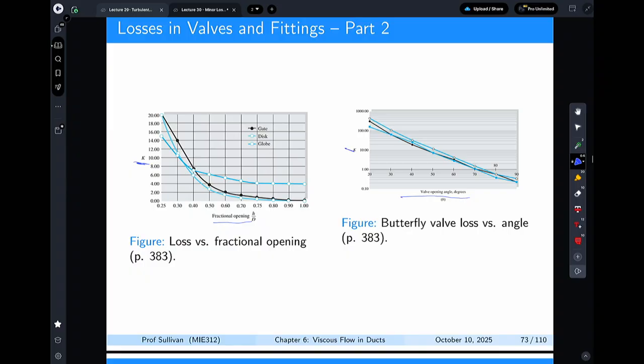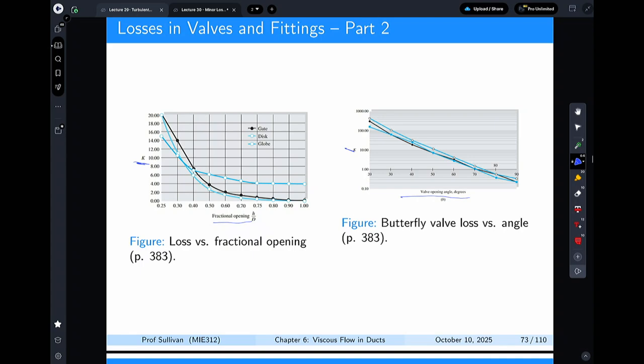So here on the left, you have three different types of valves: gate, disc, and globe. You can see that the K factor drops off significantly as the fractional opening increases. Once the fractional opening is 0, you've got nothing out of there. With a disc, you have a little bit of flow that sneaks through. And you accept that, and that's how you make it all work.